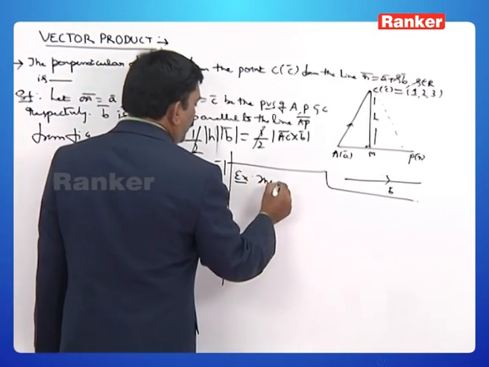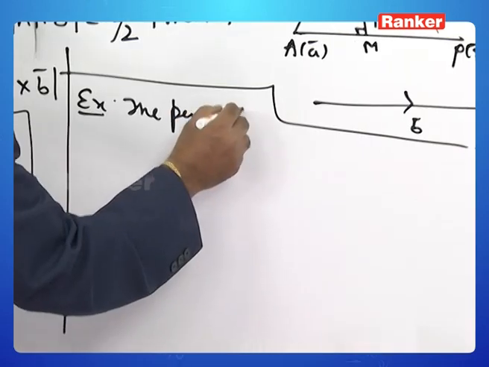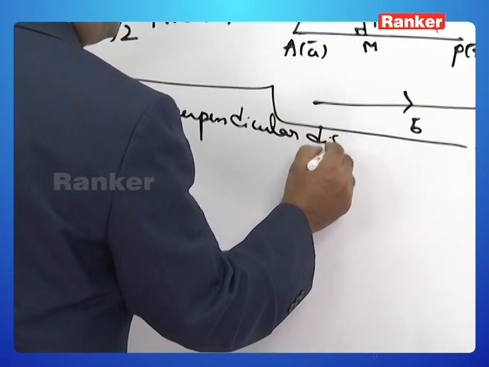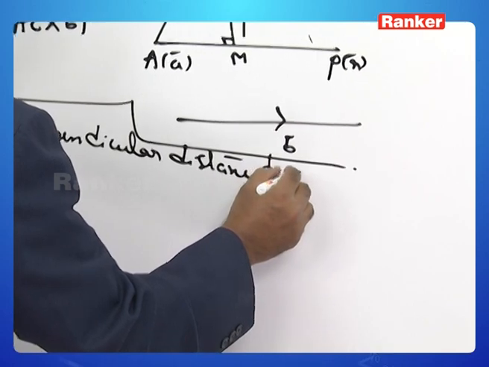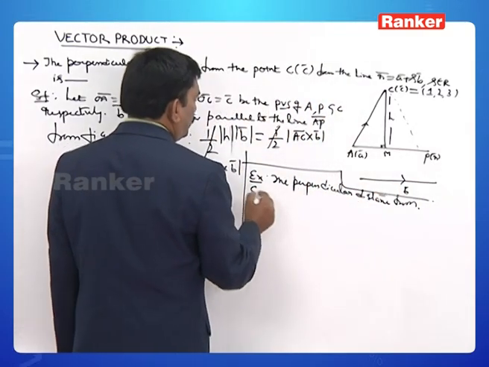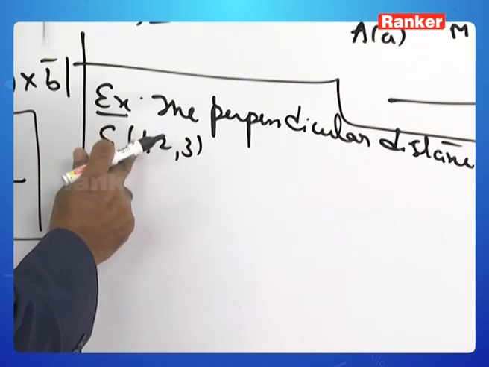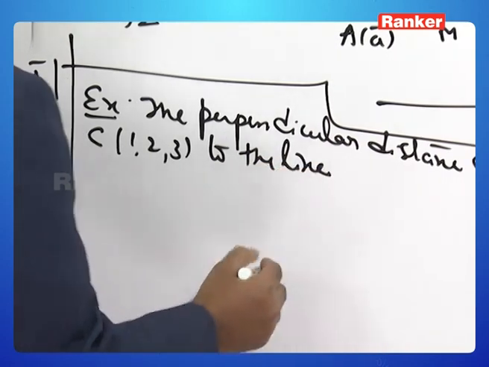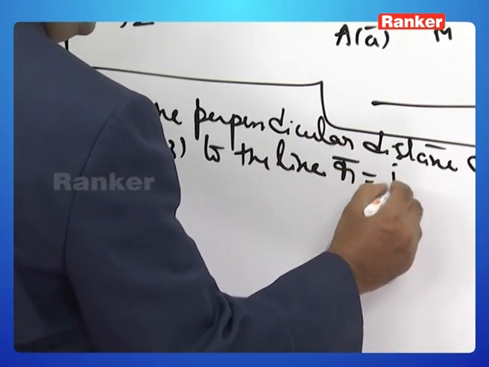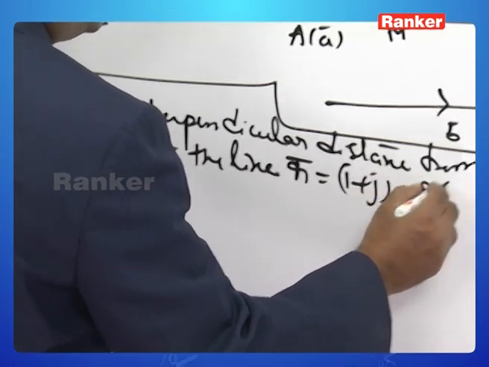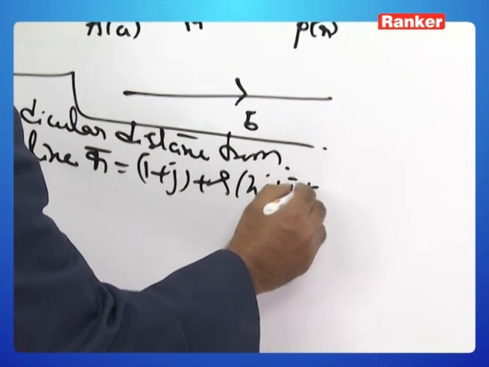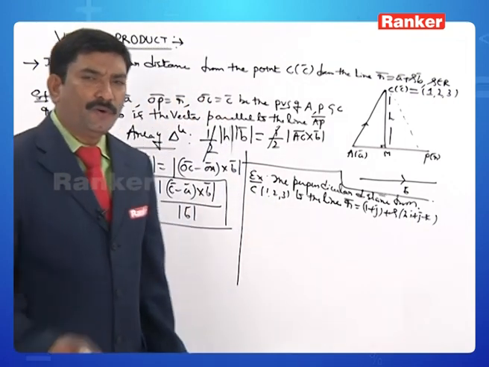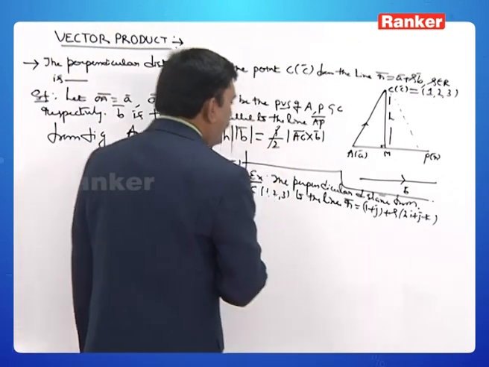The perpendicular distance from C of 1, 2, 3, that is I plus 2j plus 3k, to the line R bar is equal to I plus j plus s into 2i plus j minus k. I have taken some vectors. Don't worry about the answer, but the concept has to be verified.